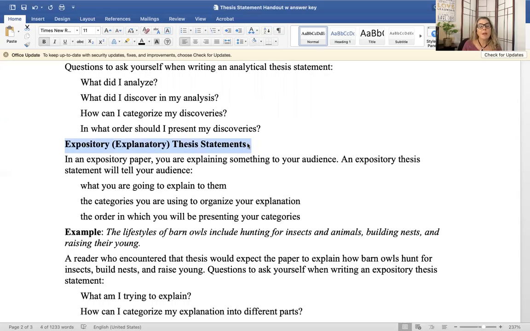It's kind of important. In an expository paper, you're explaining something to your audience. An expository thesis, you've also heard this maybe referred to as an exposition. So an expository thesis statement will tell your audience, one, what you're going to explain to them, two, the categories you are using to organize your explanation, or three, the order in which you will be presenting your categories.